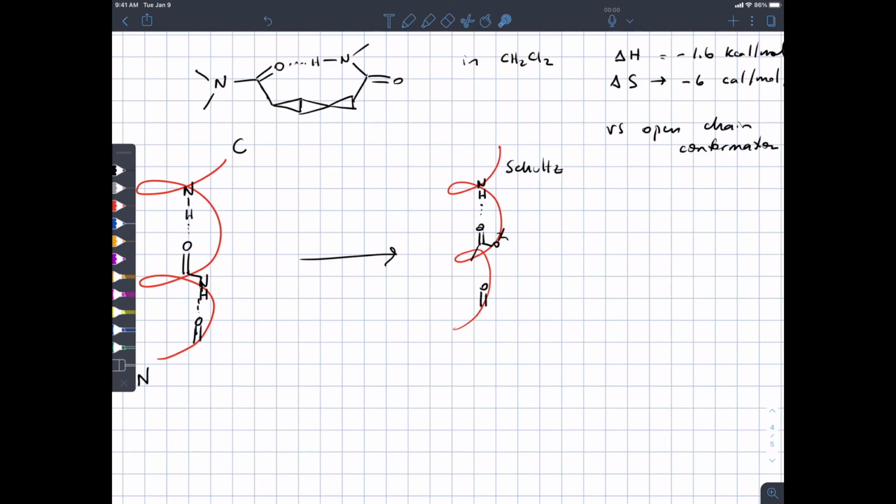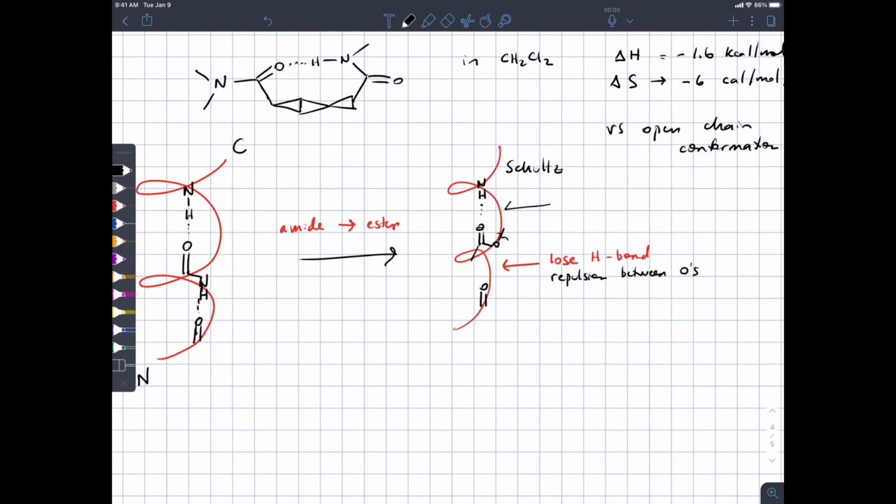There are a couple of things that happen when you go from amide to ester. First, you lose this hydrogen bond between this amide nitrogen and this carbonyl oxygen. You also generate some repulsion between electronegative oxygens.